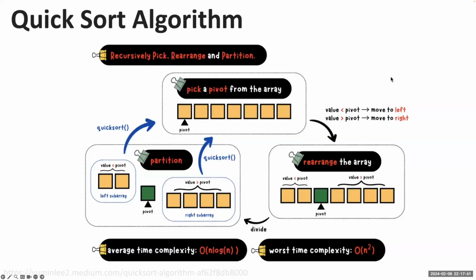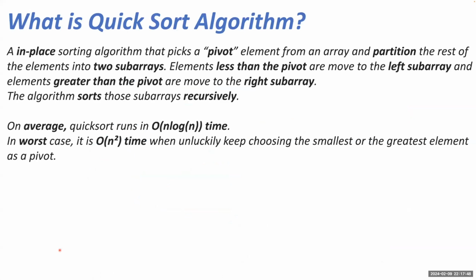So now we are introducing the quicksort algorithm. So what is the quicksort algorithm? This is an in-place sorting algorithm where we pick a pivot element from an array and use it to partition the array into two sub-arrays.